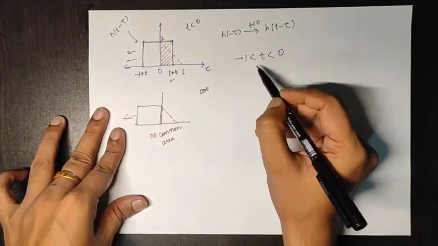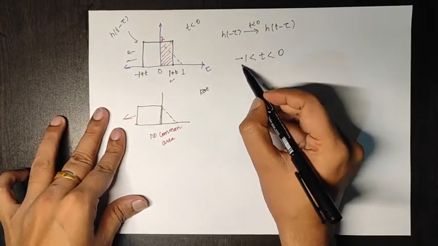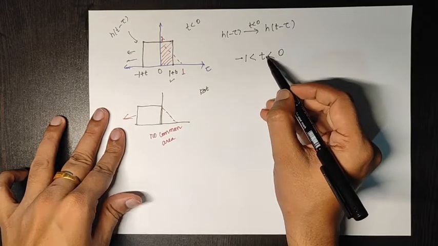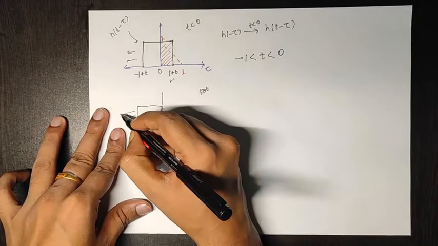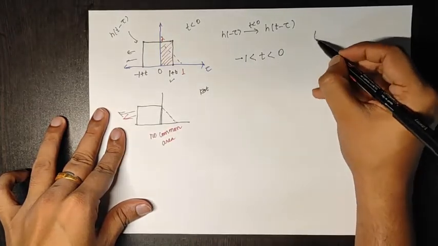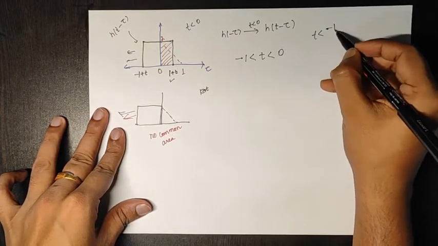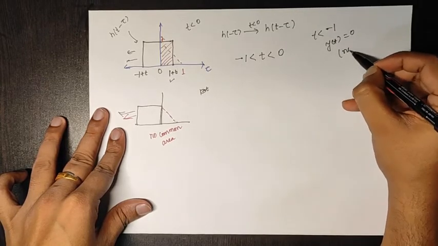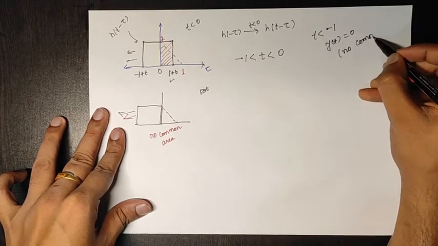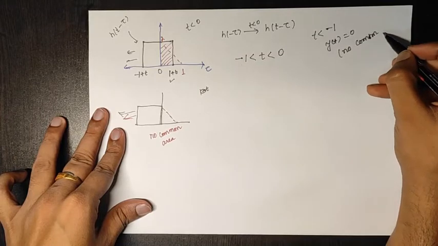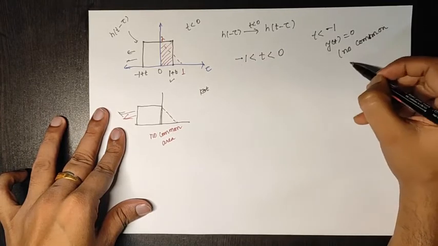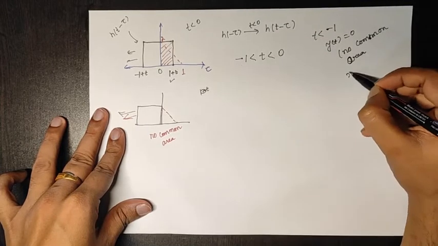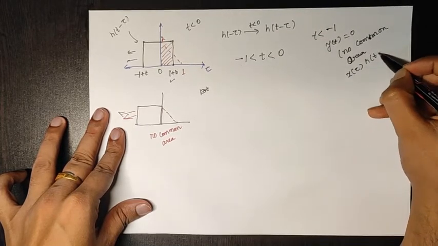That is why we have taken the limit of minus 1 to 0, because t is negative. And further, if we shift more, for t less than minus 1, then y(t) will be 0, because there is no common area between x(tau) and h(t minus tau).